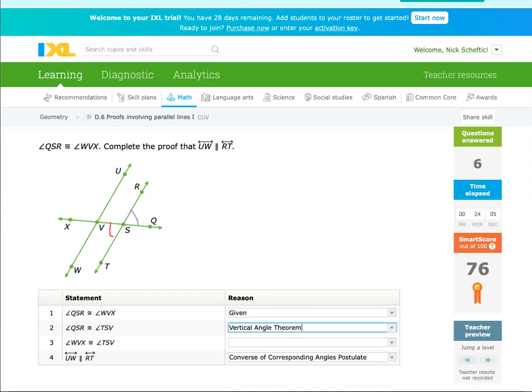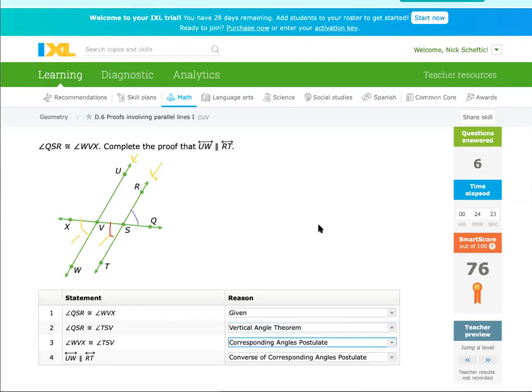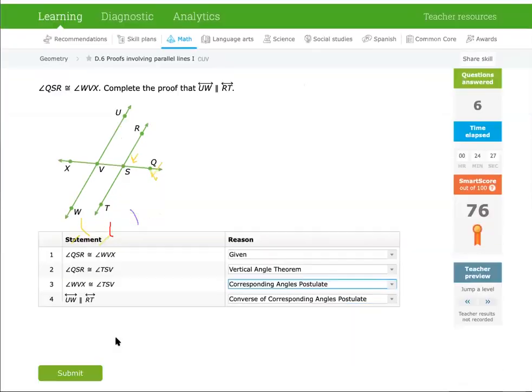So going into the red, this angle right here is going to be congruent to this angle. And again, if I move this line over on top of this line, these angles should match up and be the same. And that one is going to be the corresponding angles postulate.